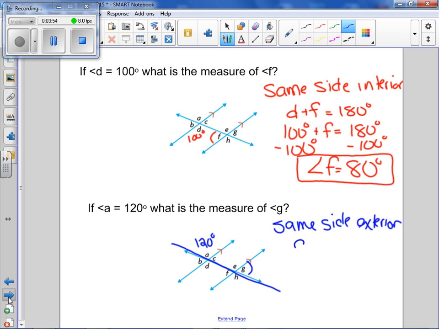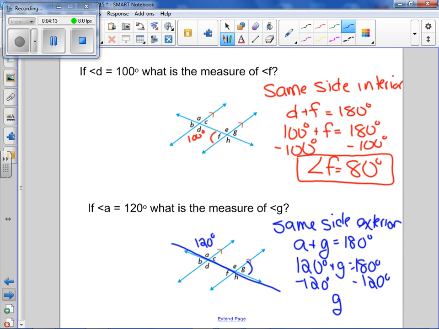So A plus G needs to equal 180 degrees. And we already know that A is 120. So now if I subtract 120 from 180, I get angle G is going to be 60 degrees.